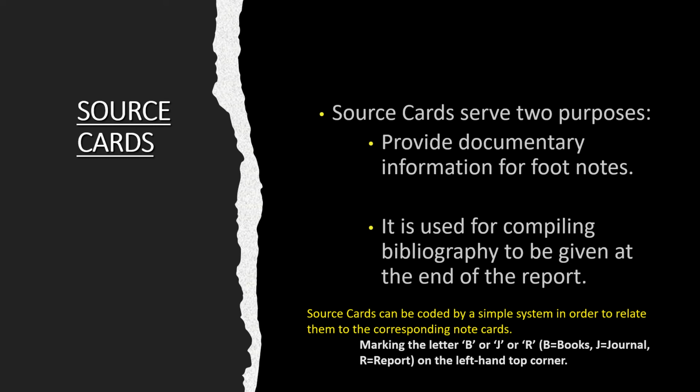Source cards can be coded by a simple system in order to relate them to the corresponding note cards, just like B for books, J for journals, R for reports, etc., so that the reviewer can identify this source, whether it is a book, journal, or report of an industry or government organization.